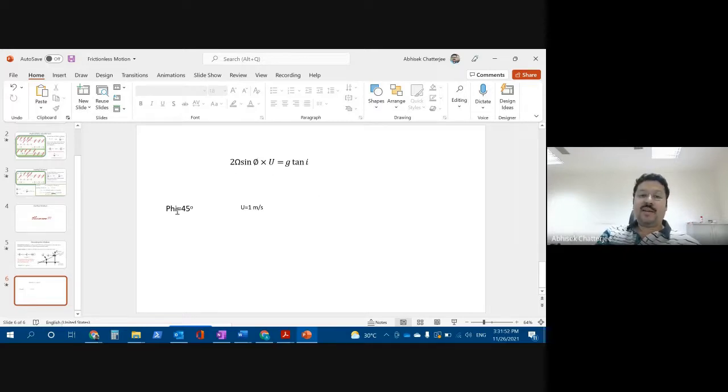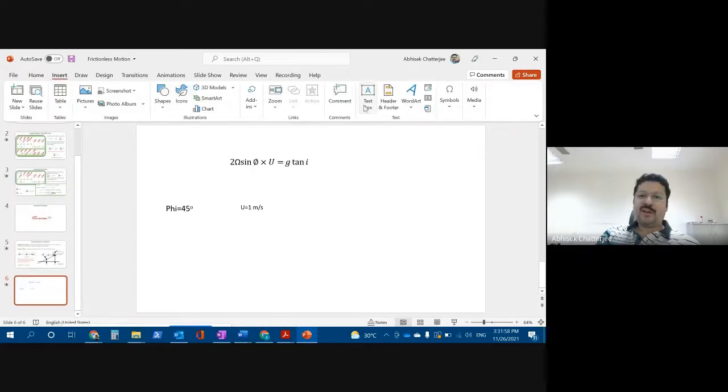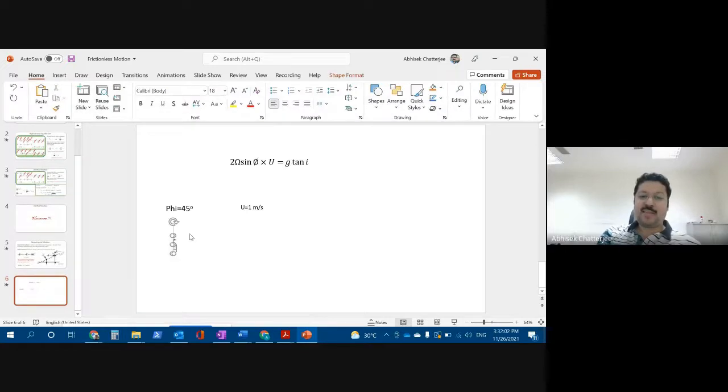So if phi equals 45 degree, this is F, right? 2 omega sine phi. At 45 degree, we already calculated what will be the F. You remember for the scaling. F will be 10 to the power minus 4 per second.